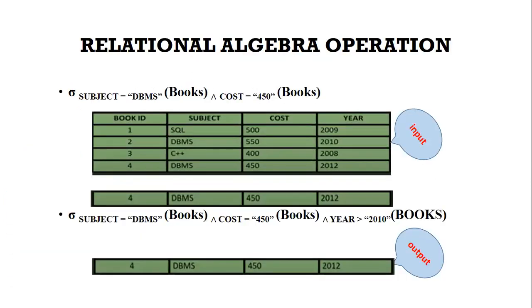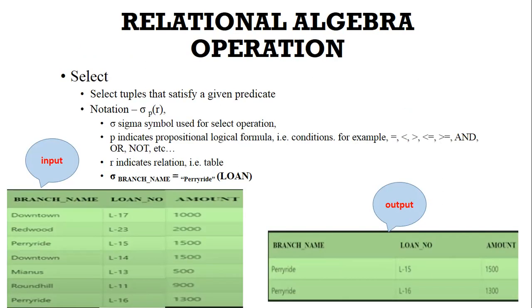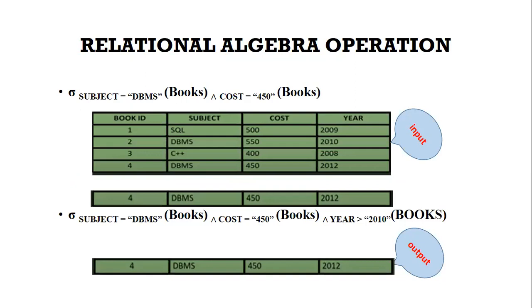Some other examples of select operation. The previous example just identified the amount of a particular branch; no other condition was mentioned. Here we are giving a compound condition. I want the subject DBMS and the cost of the book should be equal to 450.